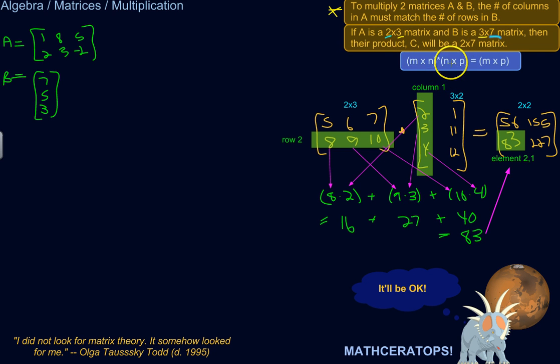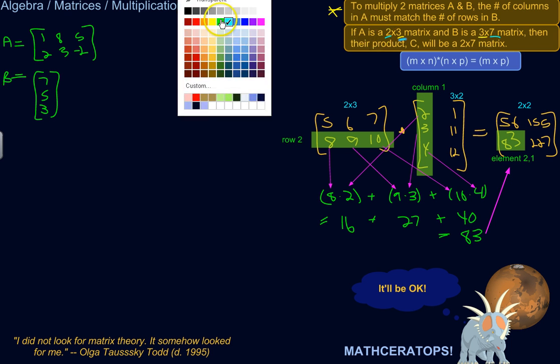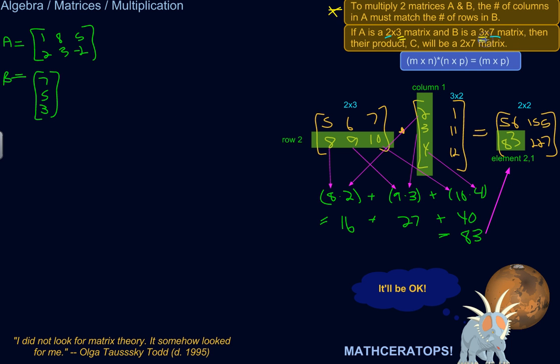If you put their dimensions together, the two inner numbers need to match, and the outside numbers form the new dimension.